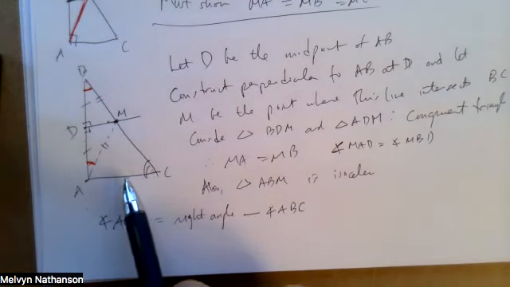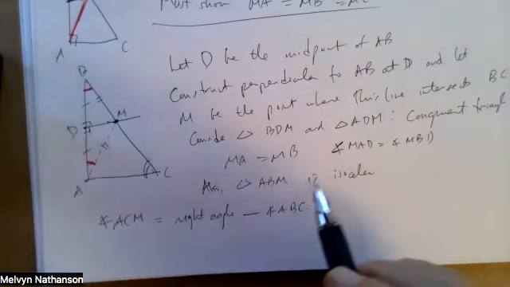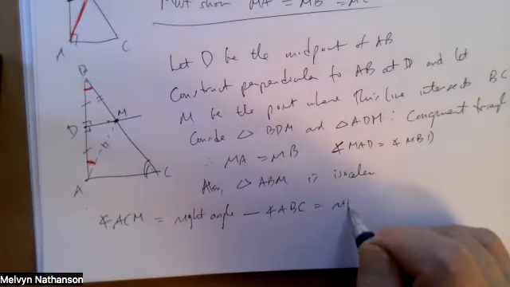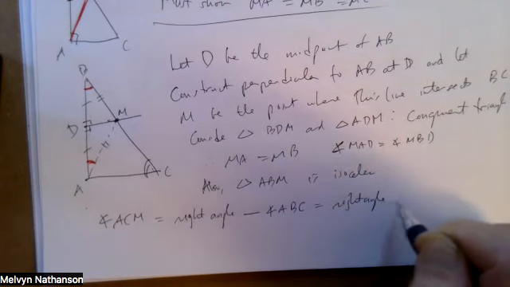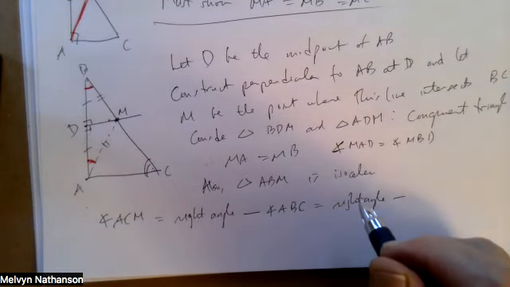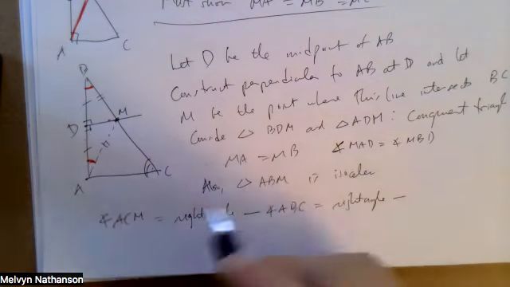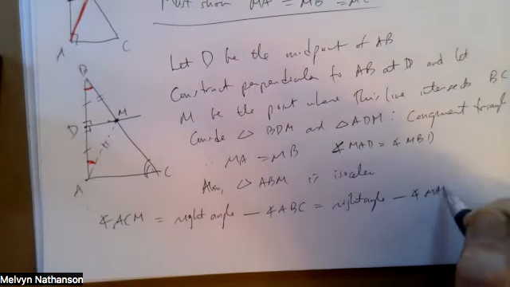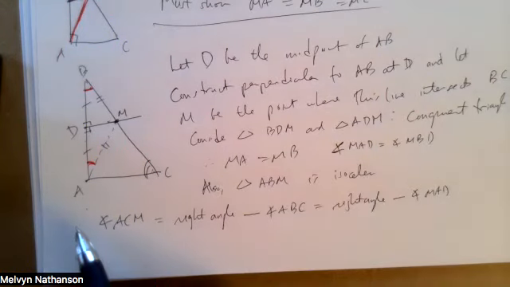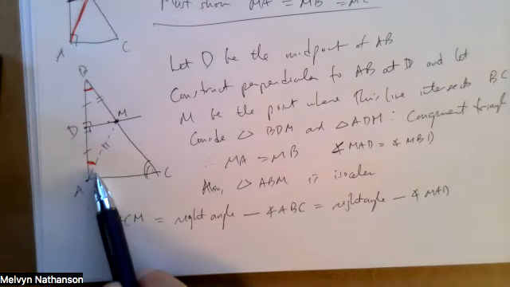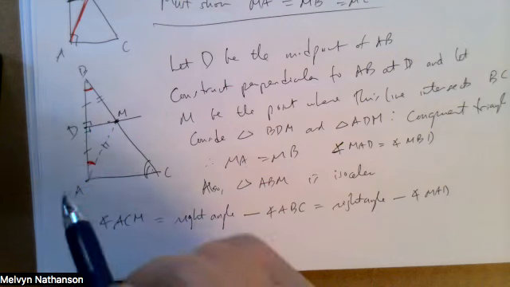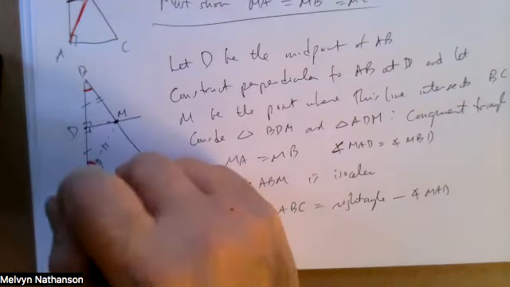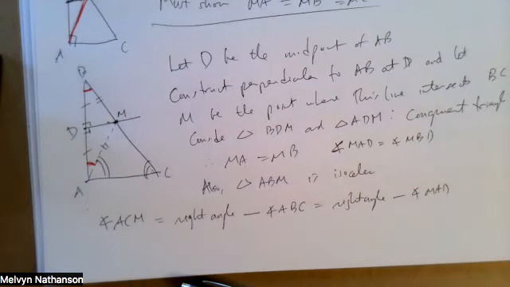This angle is equal to a right angle minus this. But this is the same as this. So this is the same as a right angle minus angle MAD. And a right angle minus angle MAD is this angle.